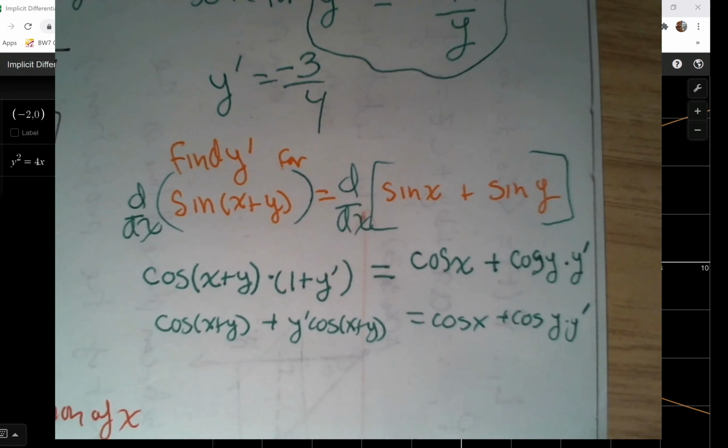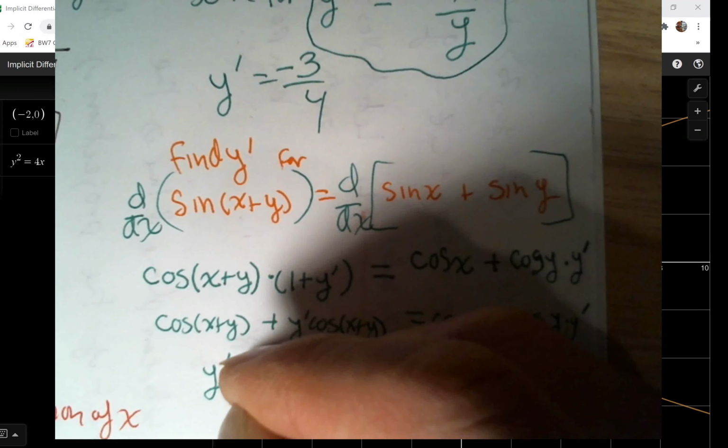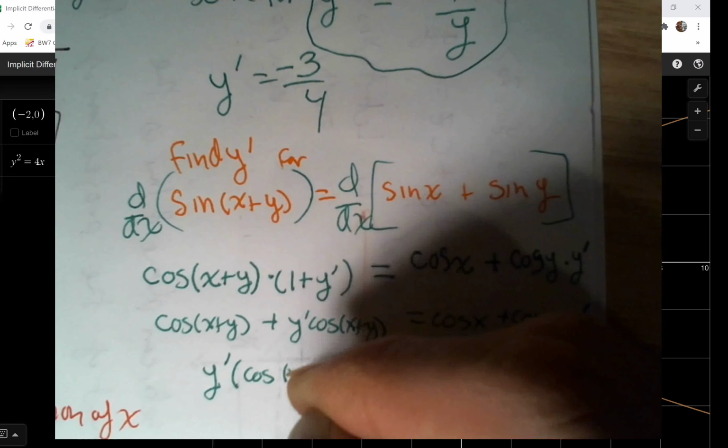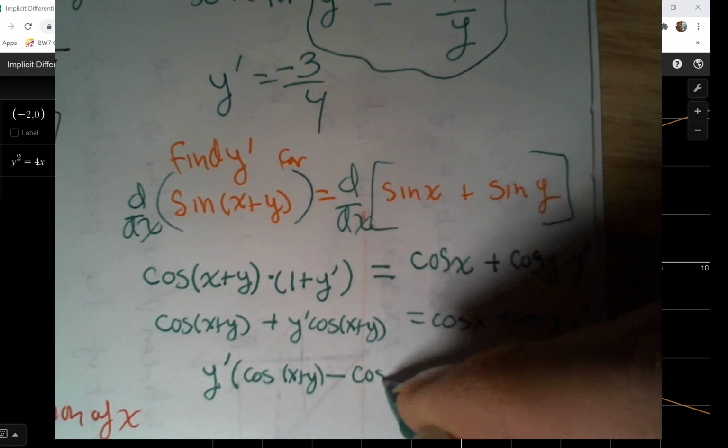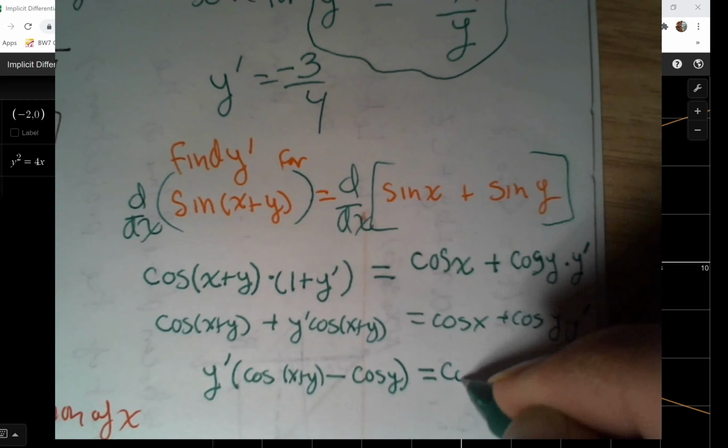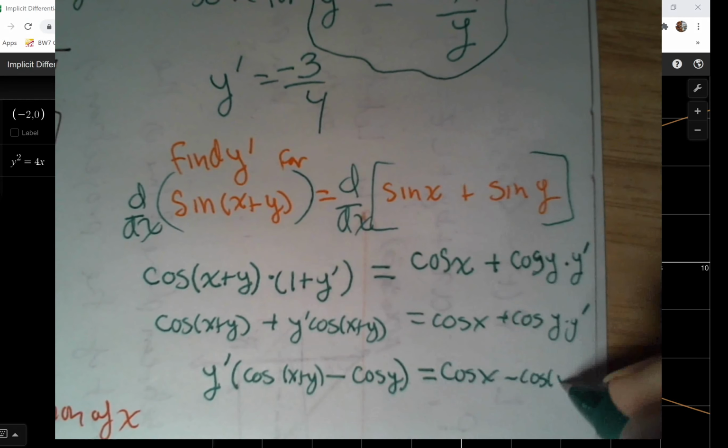So in doing that, we get y prime cosine of x plus y. I'll bring this term over to the other side. So minus cosine y equals cosine x minus cosine of x plus y.